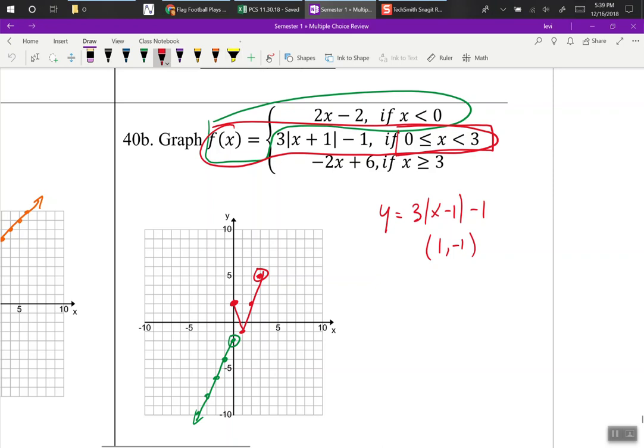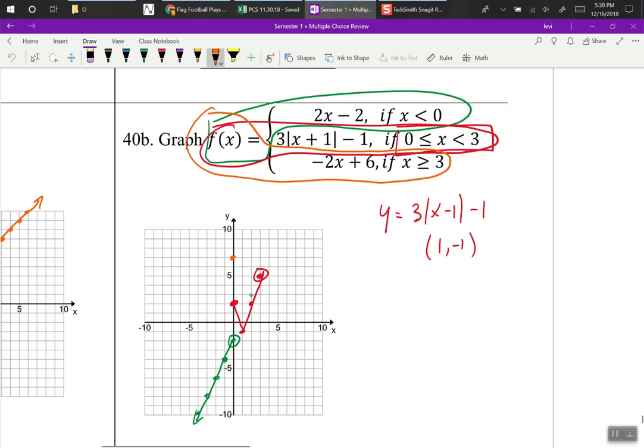And then our last portion, for x values that are greater than or equal to 3, y-intercept was up here at 6, slope is down 2 over 1. Now I don't want any of these because I just want the ones that are greater than, so I'm just going to keep on counting and moving. Down 2, right 1, down 2, right 1. Losing track of where I am.